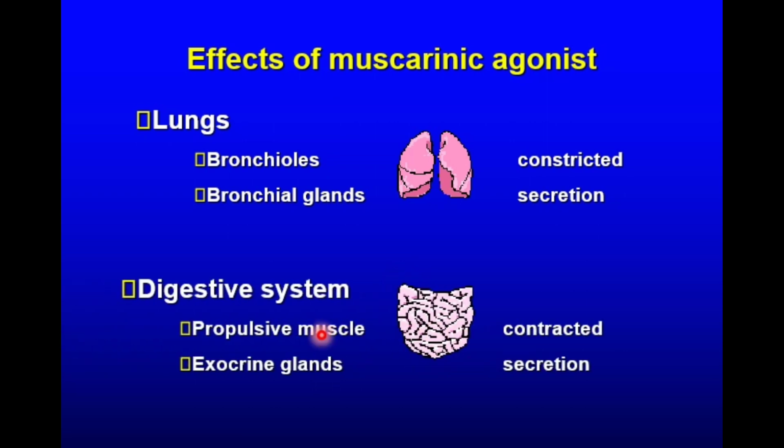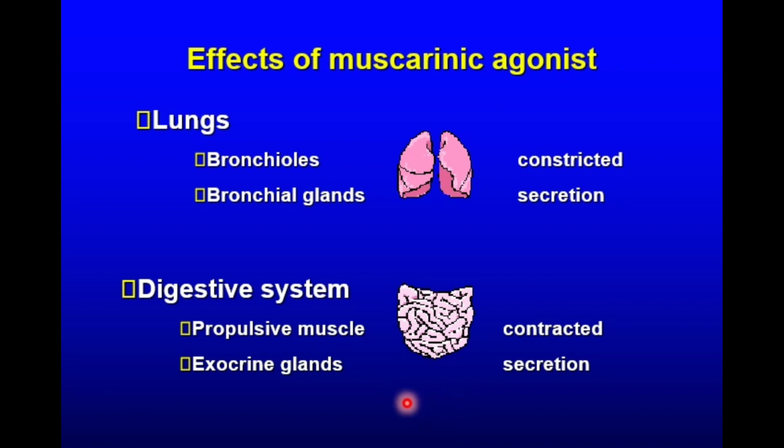The propulsive muscle of the gut receives both parasympathetic and sympathetic innervation. Under normal circumstances, the propulsive smooth muscle of the gut is dominated by parasympathetic tone.